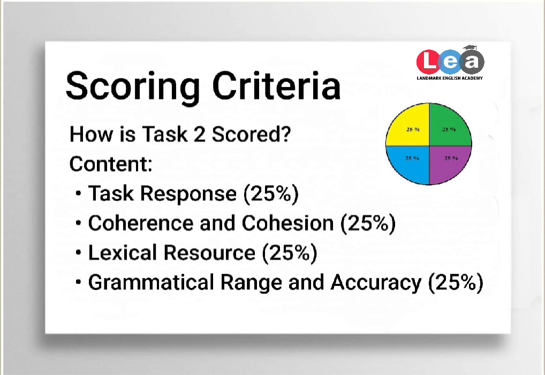So the response should be relevant. It's not that you need to go to one side. If they are saying to discuss the problem and solution of this essay, you cannot write down the problems only. You need to go with the solution also. So the response should be a proper response. We need to address all the question parts. Next is coherence and cohesion.